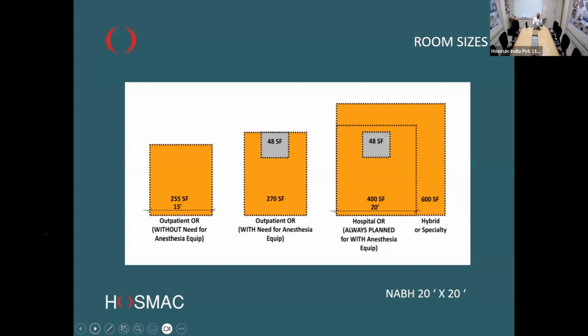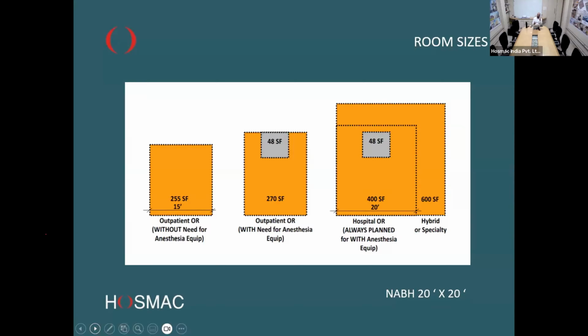The second one, which comes under the domain of outpatient ORs with the need of anesthesia equipment, has to be pegged at 270 square feet. Conventional, as we discussed early on, has to be 400 square feet. But if you are doing super specialty surgeries with a lot more equipment and people, then you can go up to 600 square feet. Examples are CABG or the cardiac surgery operating rooms, orthopedic, or neuro.